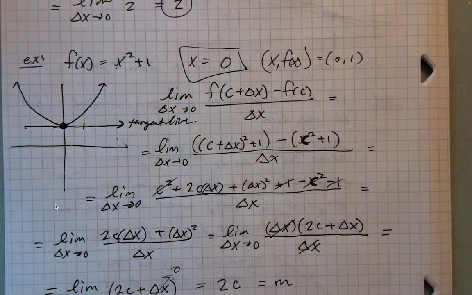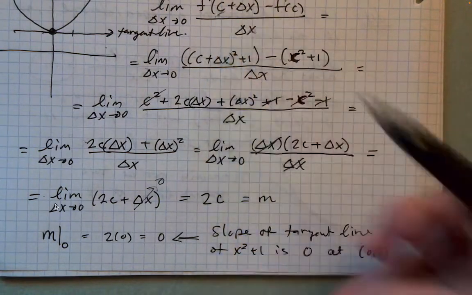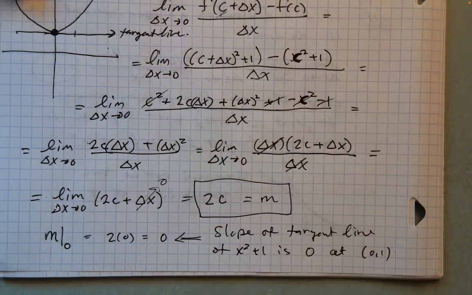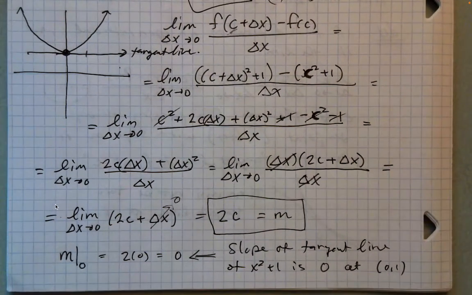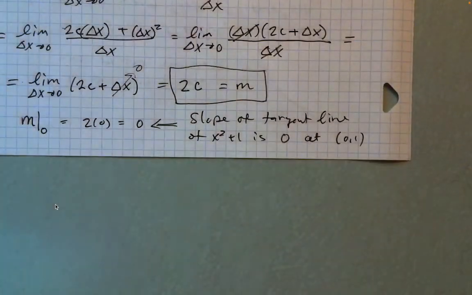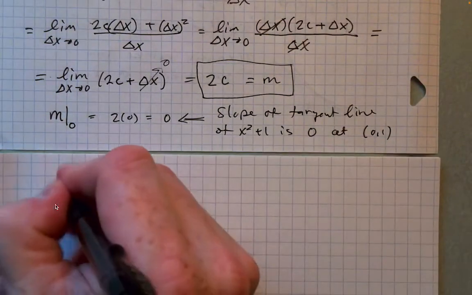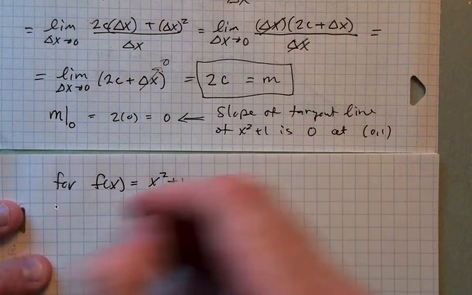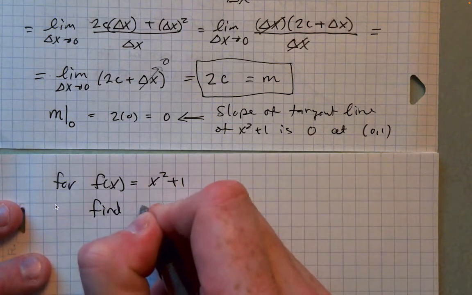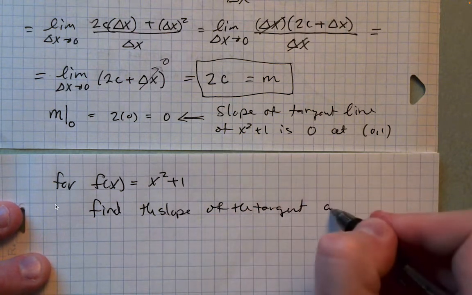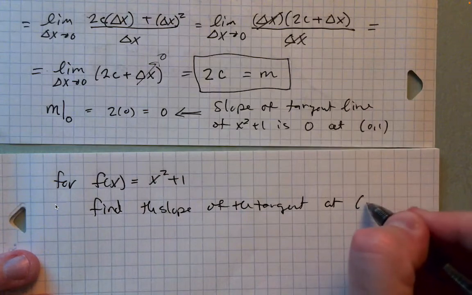Now, one of the benefits in doing it this way and just plugging in the c is that when you get down here to the end, you have a general form of what the tangent line slopes are for any c. So if I were to consider the same function, f of x equals x squared plus 1, find the slope of the tangent at maybe the point -1, 2.